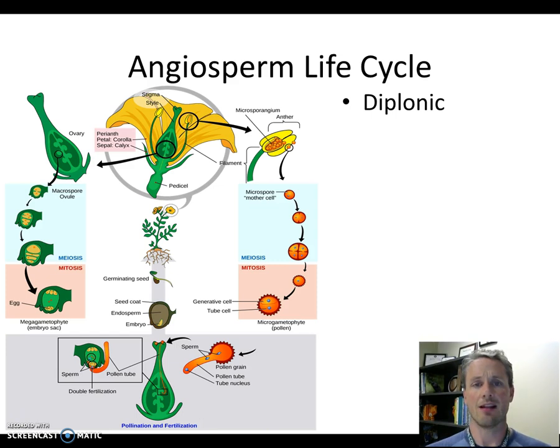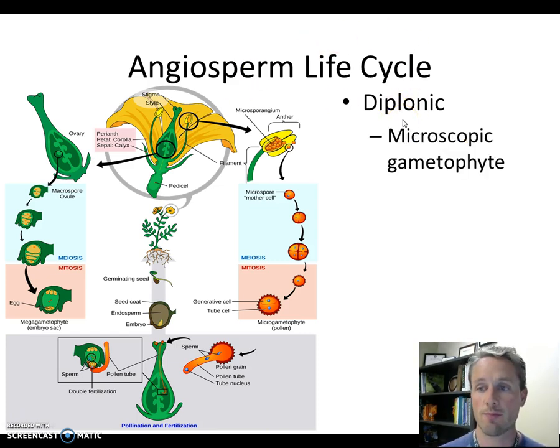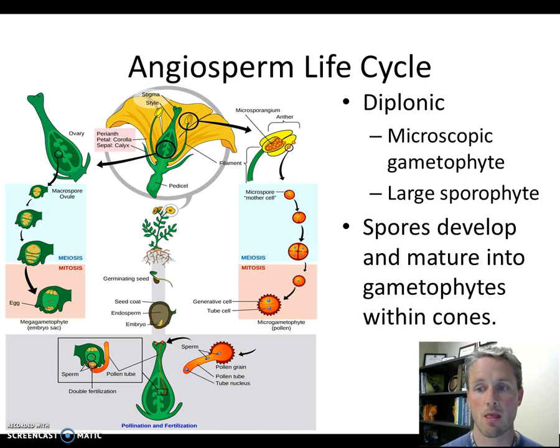All right, the last group of plants are the angiosperms. Angiosperms, just like the gymnosperms, are also diplonic. Their major form is the sporophyte, and they have a microscopic gametophyte generation. Just like the gymnosperms, their spores develop and mature in a specific structure.